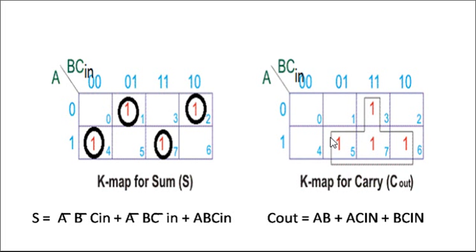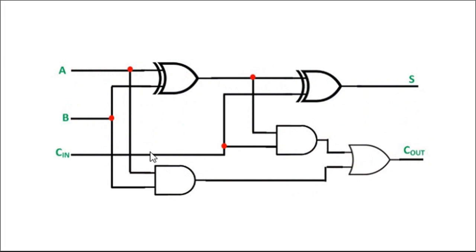I repeat: 5 and 7 are one pair, then 7 and 6 are the second pair, and 3 and 7 are the third pair. For example, for the pair 3 and 7, 0 1 cancels, so the remainder is 1 1, meaning B Cin. Like this for the others. Then, using that expression, we can construct the logic diagram.